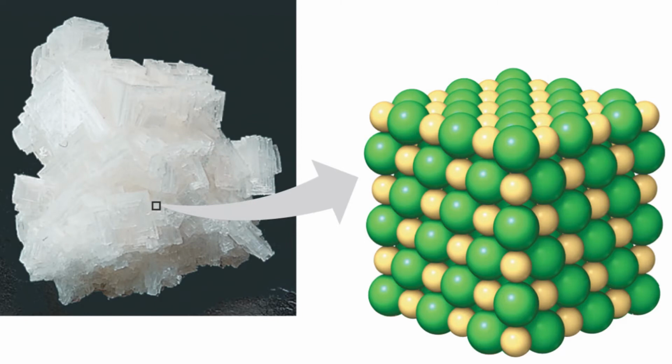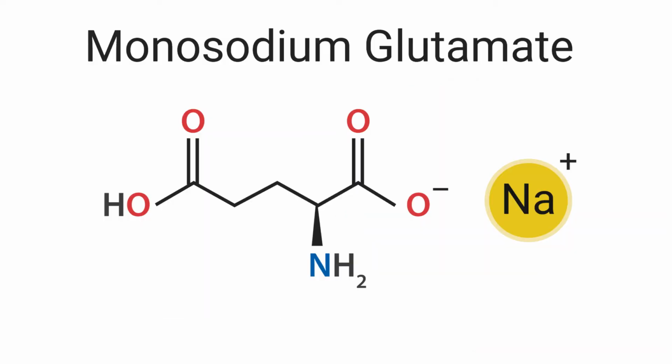It's made up of a lattice of sodium and chloride ions stuck together. Another ionic compound that many people are familiar with is MSG, or monosodium glutamate. Glutamate is an anionic amino acid that we will meet again later. And once sodium loses its electron, it becomes positively charged and they form MSG.